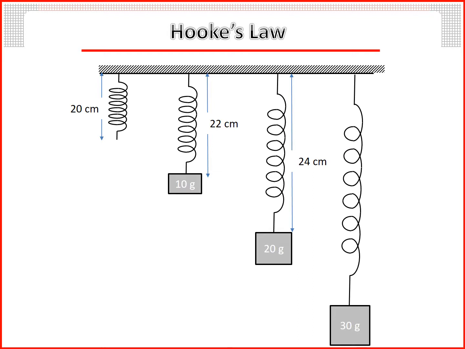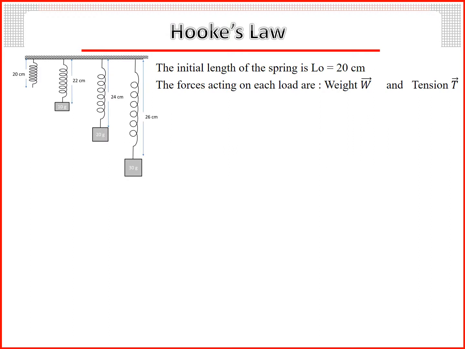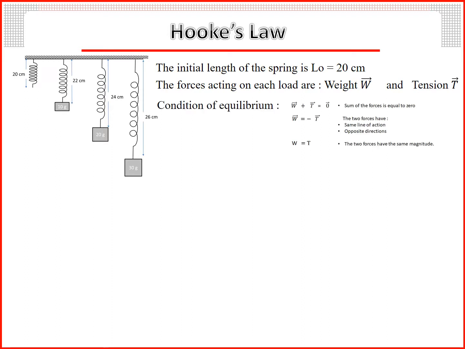If we suspend a load of mass 30 gram, the length of the spring becomes 26 centimeter. Then, the initial length of the spring in this case is L0 equal 20 centimeter. The forces acting on each load are weight W and tension T. Condition of equilibrium. W vector plus T vector is equal to 0. W vector equal minus T vector. W equal T.